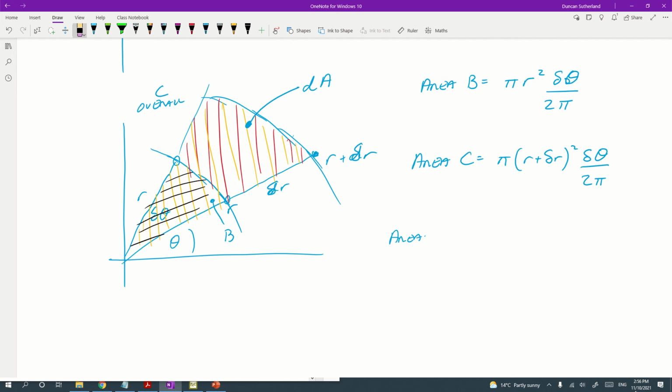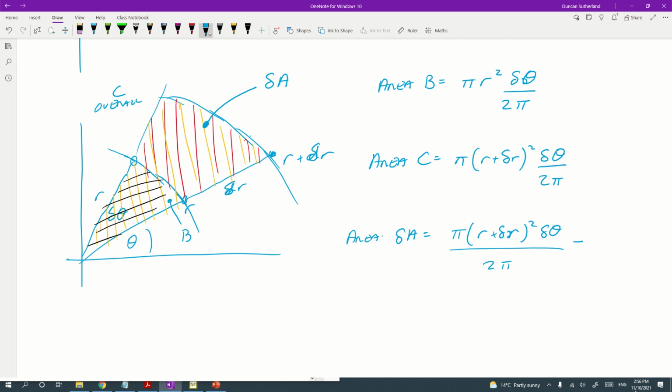Right, so dA, which I should write delta A because it's not an infinitesimal yet, delta A equals the area of C minus the area of B. So pi (r plus delta r) squared delta theta over 2 pi, minus pi r squared delta theta over 2 pi.